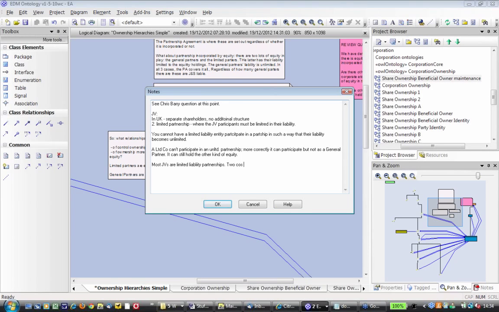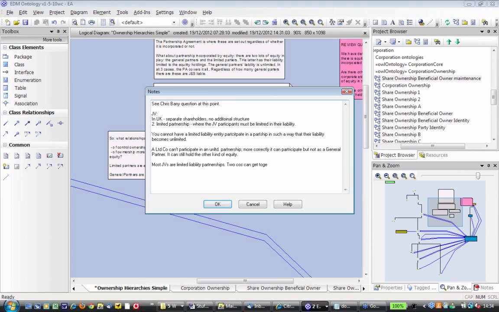So typically two companies get together and invest a fixed stake. That's what you usually see, particularly real estate development companies here in the States are often set up that way. And here too.